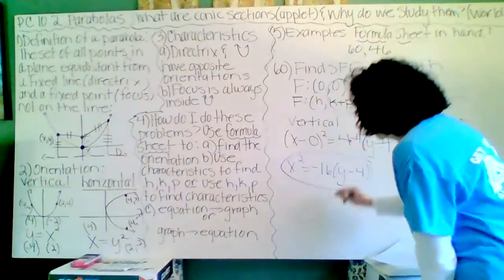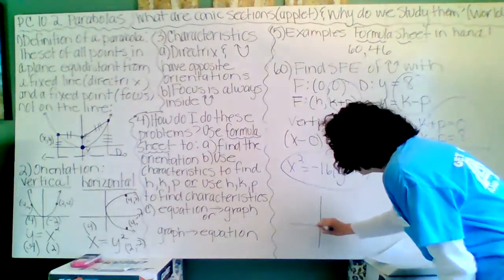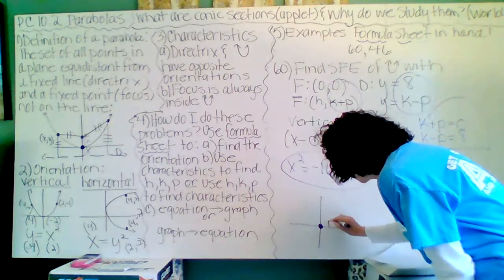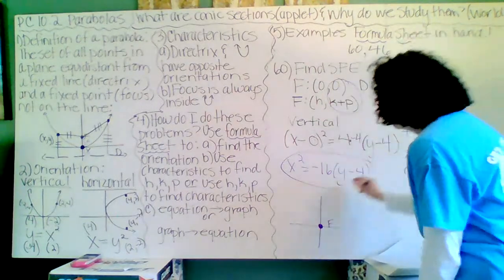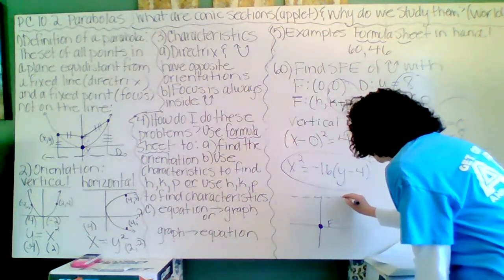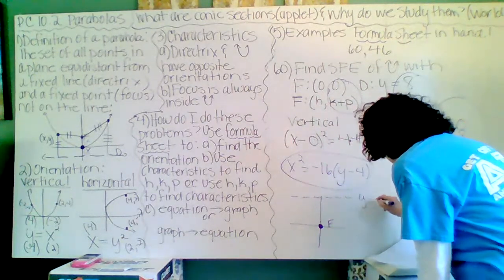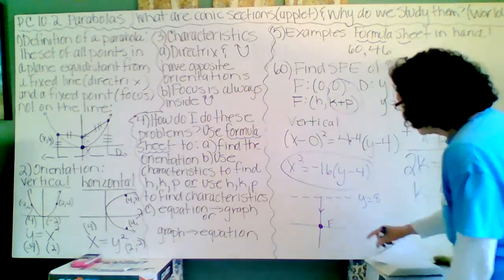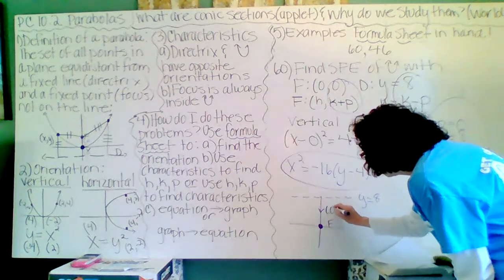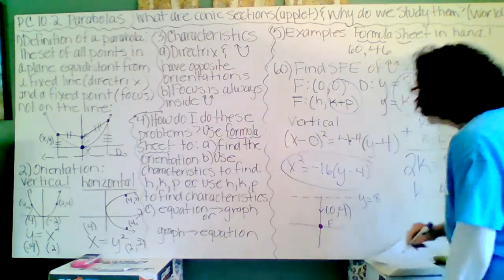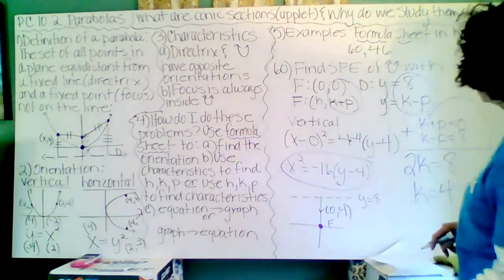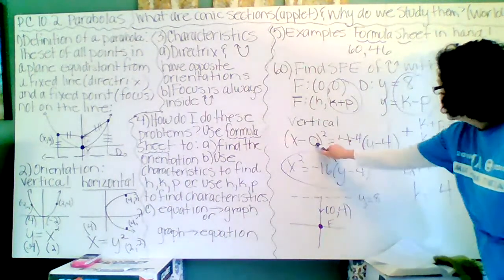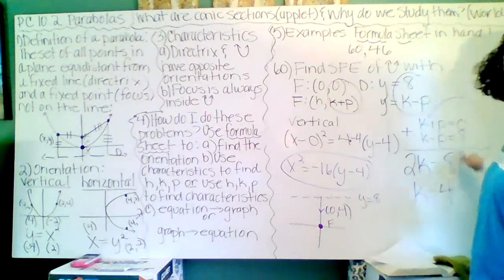If you have the point (0, 0) for the focus, and the directrix is up at y equals 8, then the vertex must be in between, at (0, 4). So you can use logic also to say that the vertex was (0, 4), but the system worked also.